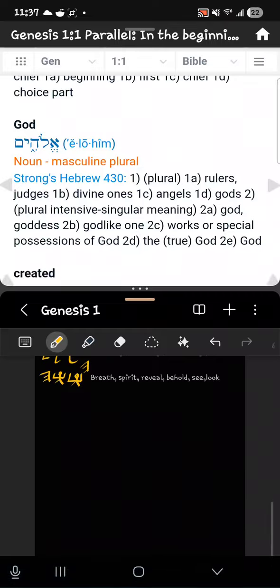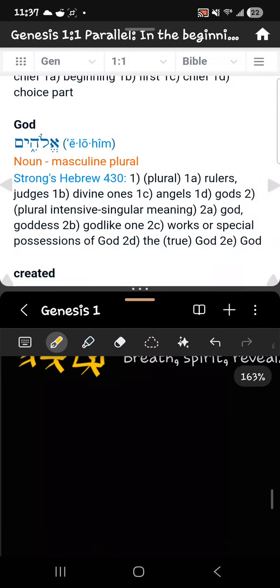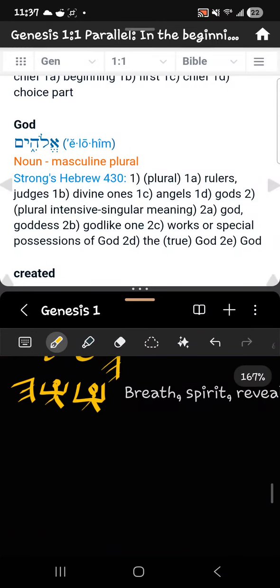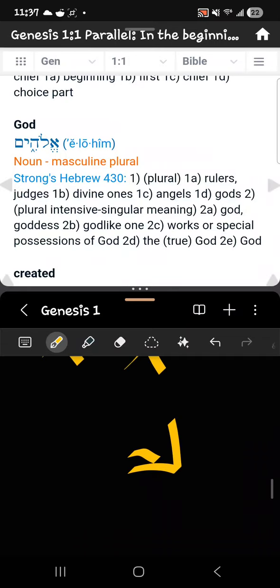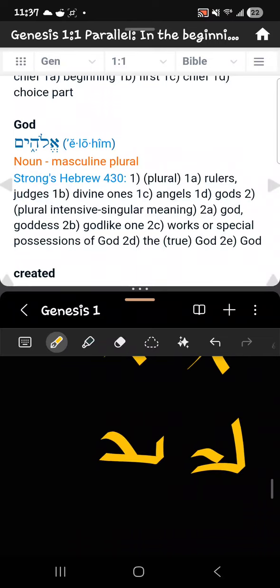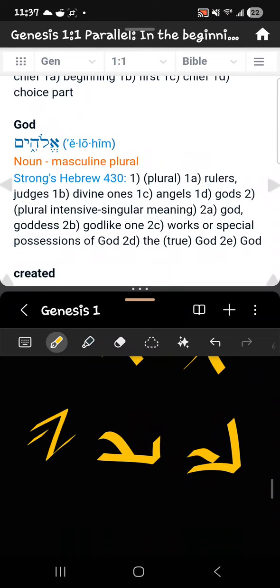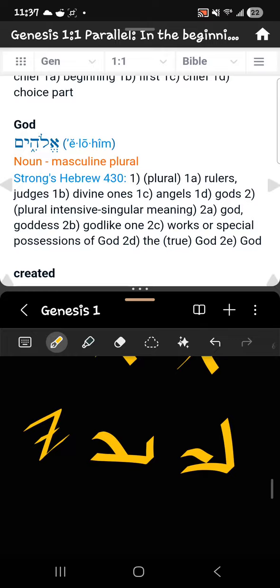Anyway, here's how a yod looks. Or like this. Okay.